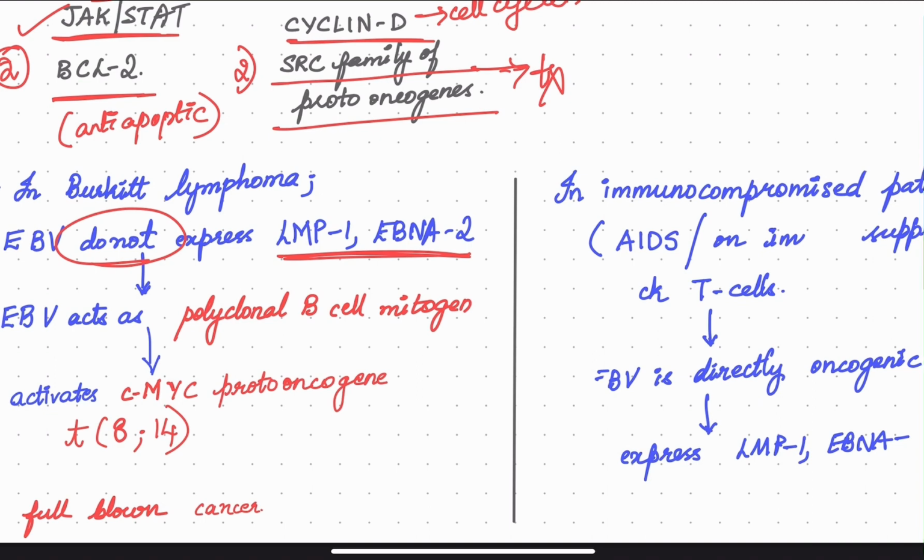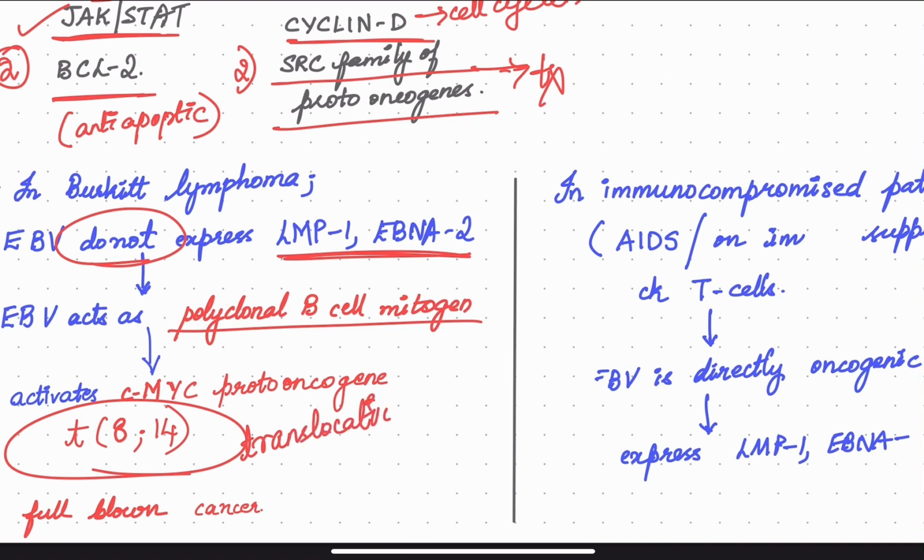Instead, the virus acts as a polyclonal B cell mitogen. By causing a translocation of chromosomes 8 and 14, it activates c-MYC. C-MYC is a proto-oncogene, which ultimately leads to full-blown cancer. Although they do not express the EBV proteins LMP1, EBNA2, by causing a translocation, they activate c-MYC and ultimately cause full-blown cancer.